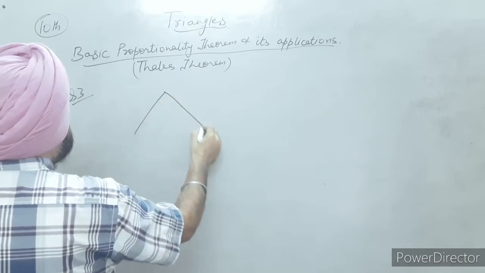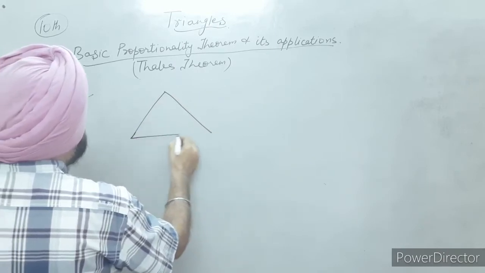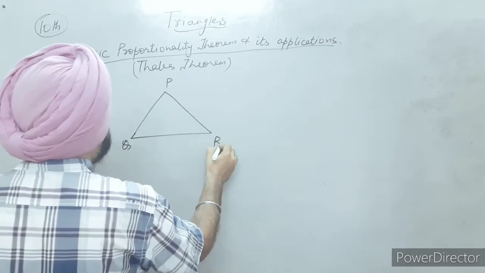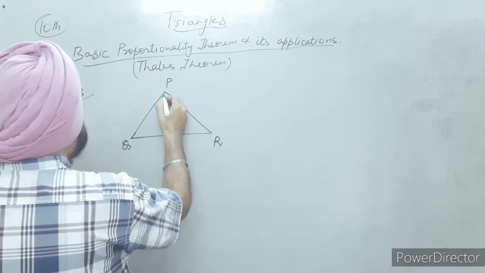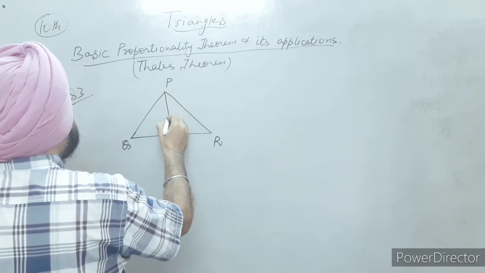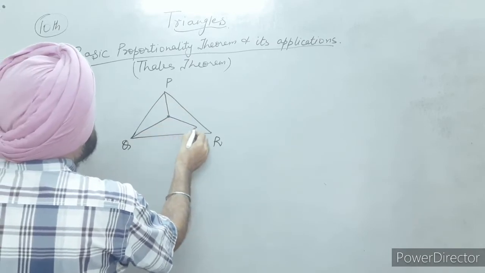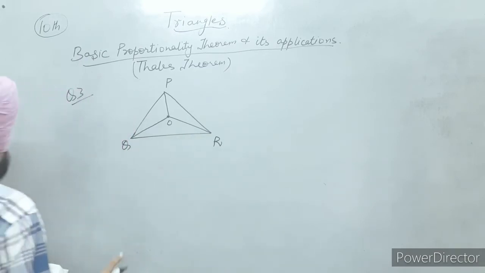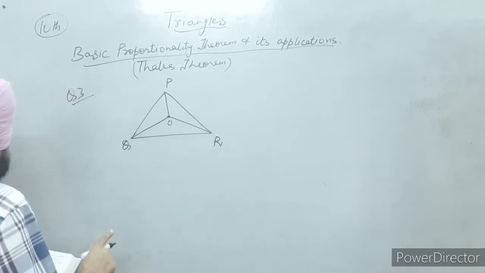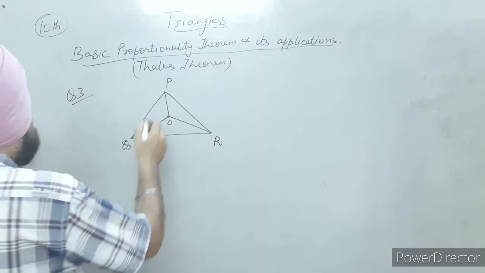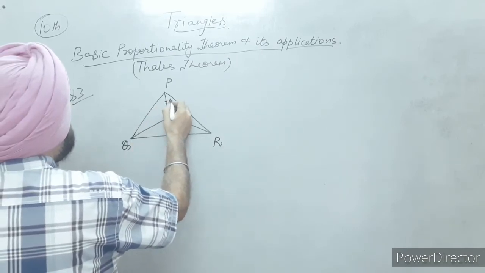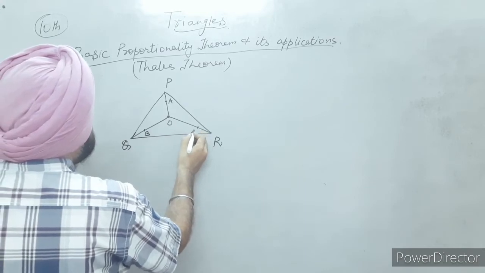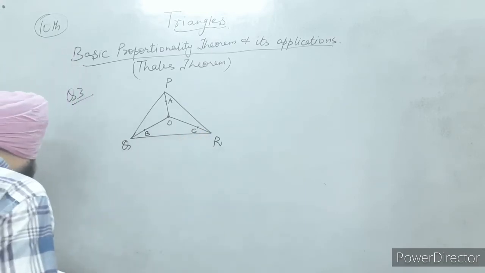It's like this. P, Q, R. There is a point O like this. This is point O. Now what is written is A, B, C are points on this. A is a point here, B is a point on OQ, C is a point on OR.